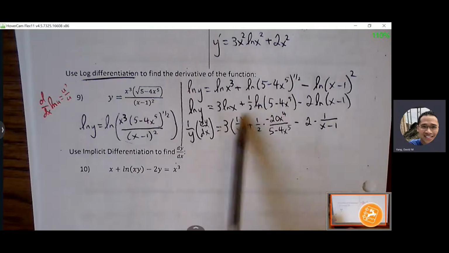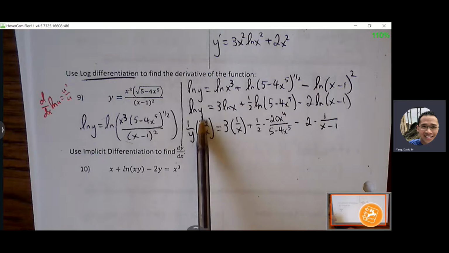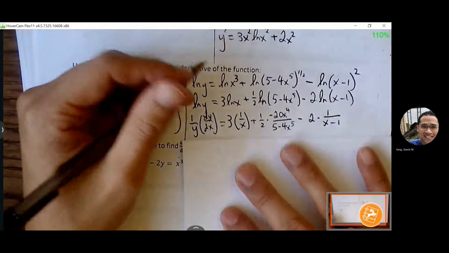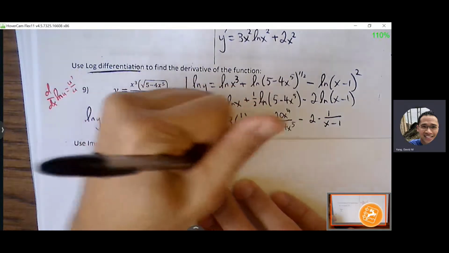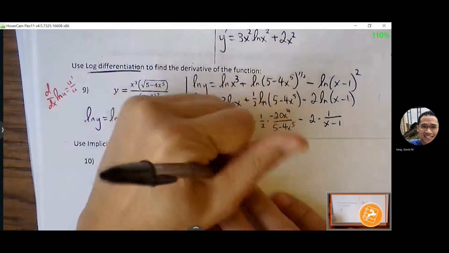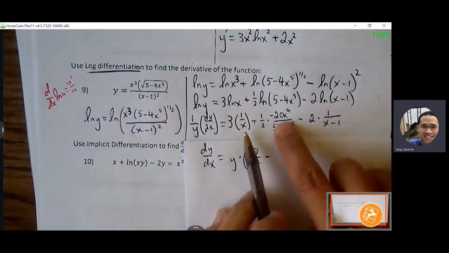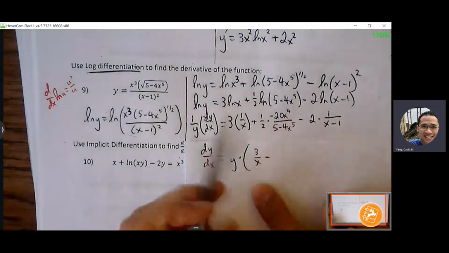Okay, it's one big mess here, but all we need to do is to get dy dx by itself. We're going to push the y over to the right side. So we get dy dx equals y times. I'll do a little bit of cleanup along the way. You don't have to. I see the 20 and 2 can be reduced to be a negative 10.